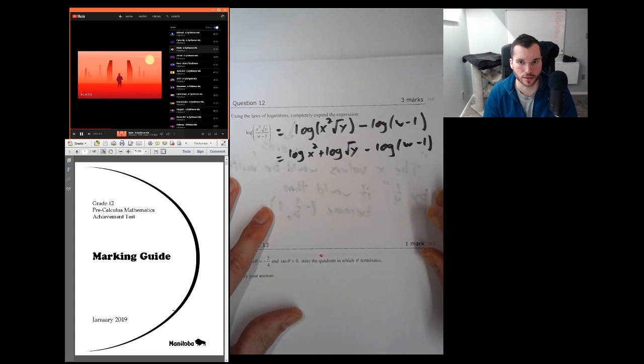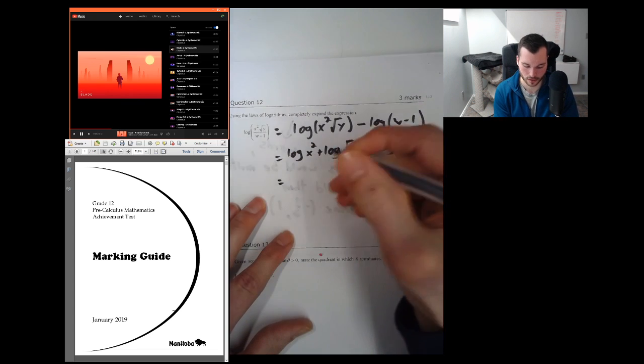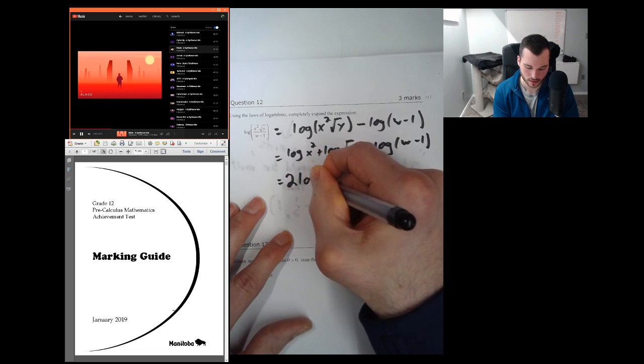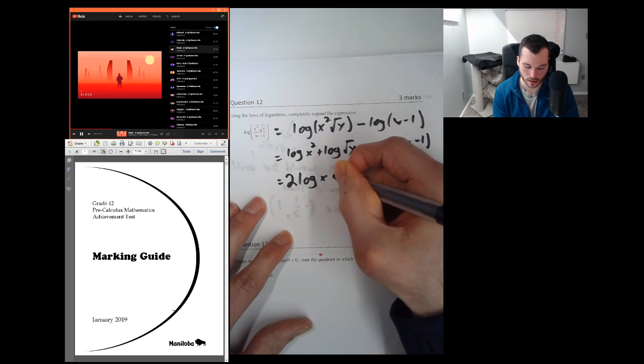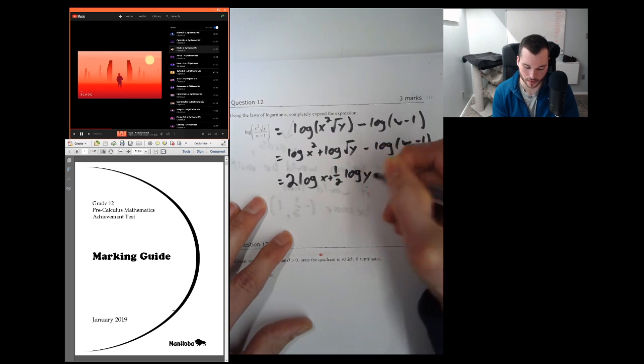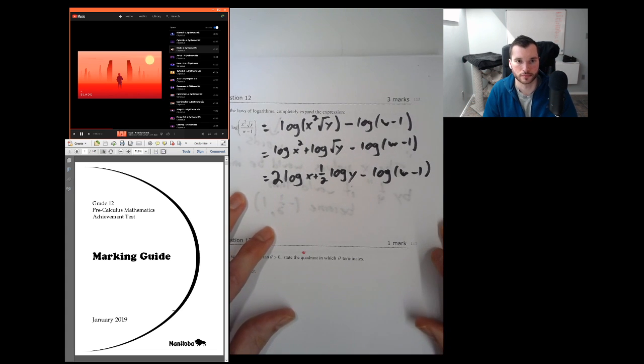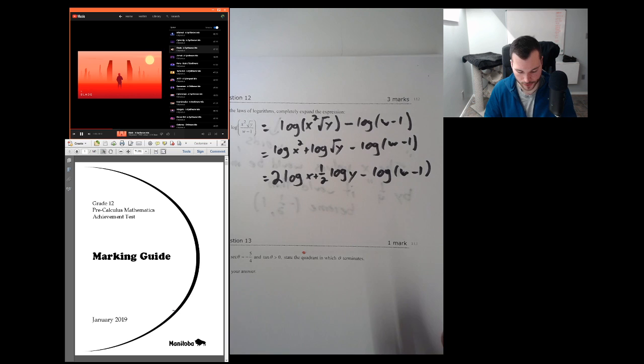There's nothing for subtraction. Hey, we got another mark right there. Last mark comes from power rule. Let's get a plus sign in there. 1/2 log y minus, and there's your third mark. Can you see that's a W? I hope you can. Done. 1 mark, 2 marks, 3 marks. That's it. Okay, let's keep going.